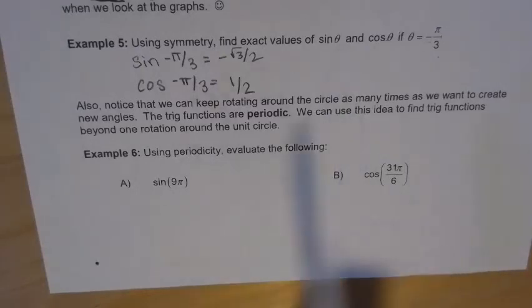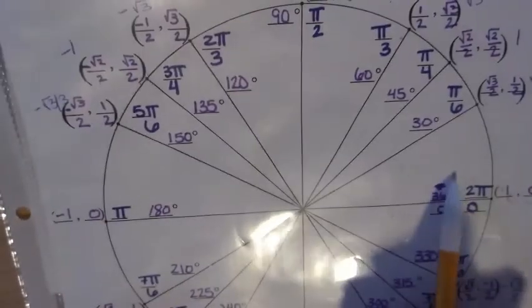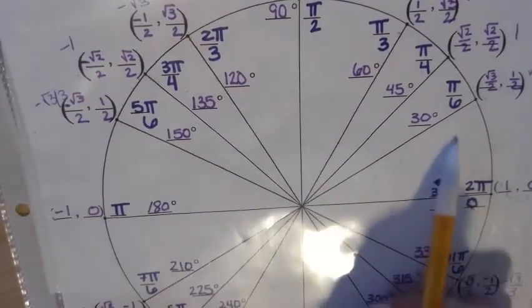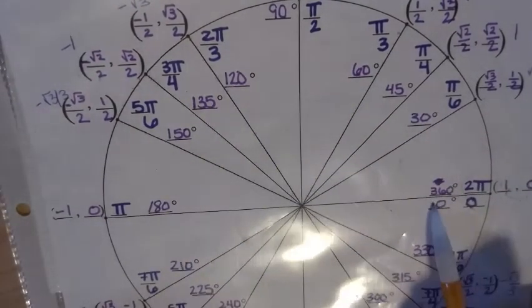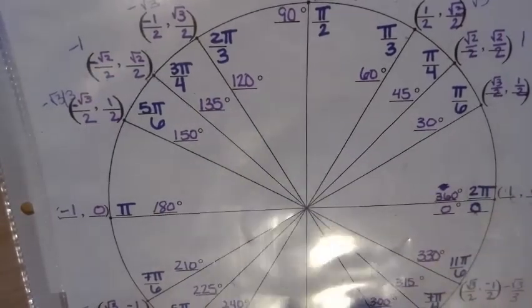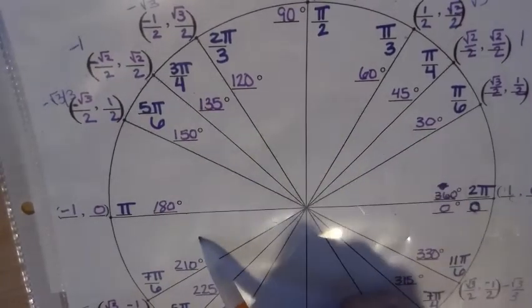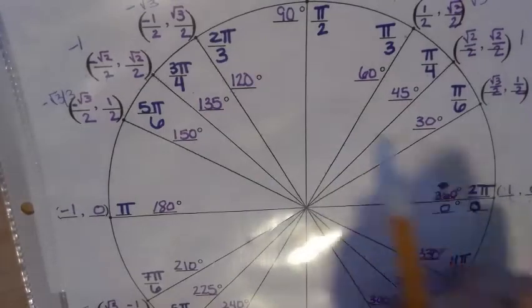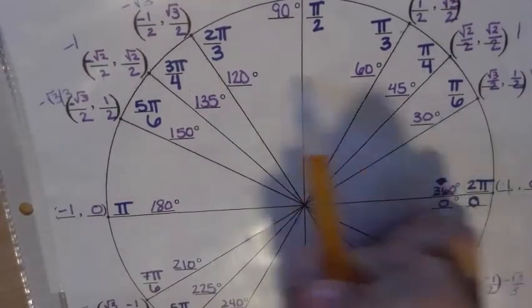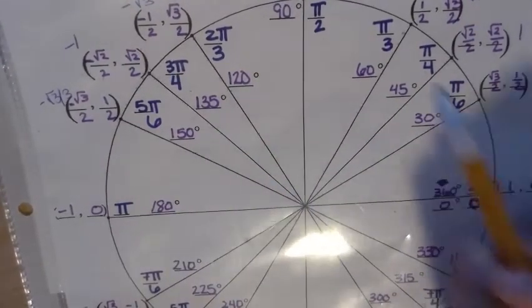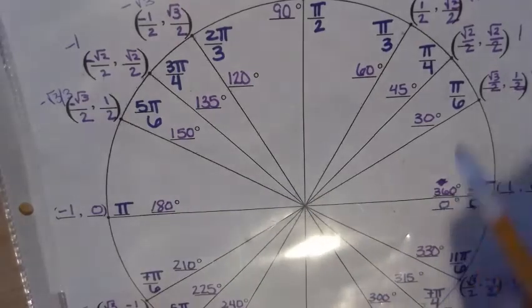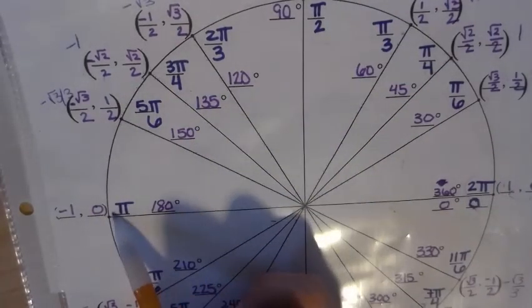So sine of 9 pi. Well, if we remember, half a circle is pi. So 1 pi, 2 pi, 3 pi, 4 pi, 5 pi, 6 pi, 7 pi, 8 pi, 9 pi, and that's where we're at.